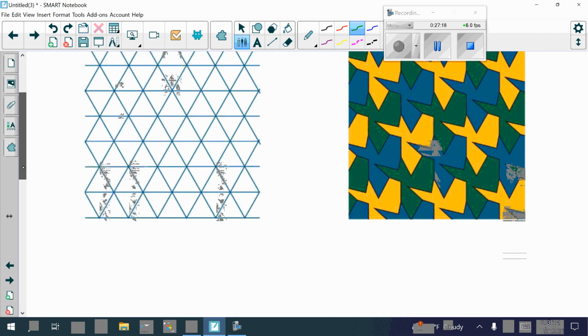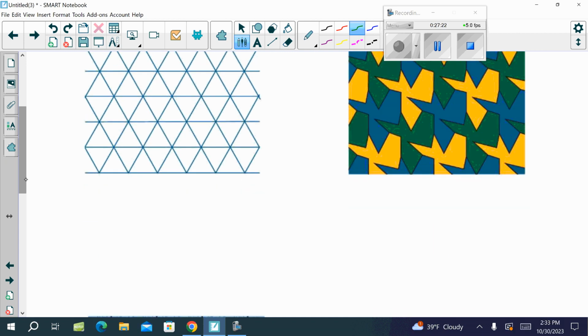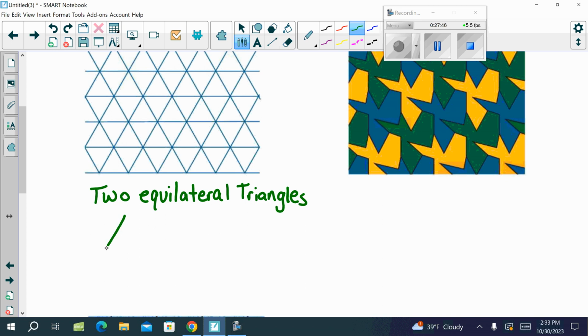So this first one here, if you remembered, you cannot rotate, reflect, you can only translate. Okay, so you needed to take two equilateral triangles. So your pattern could have been this repeated, two equilateral triangles on top of each other like a diamond. That was your base pattern.